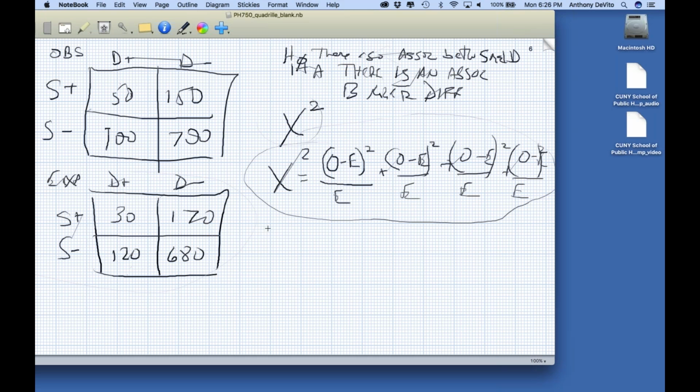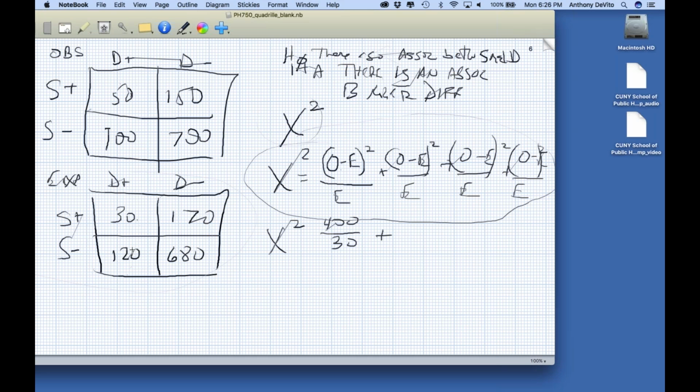Okay, and I'm actually going to do that. Chi-square is going to be equal to observed minus expected. Observed is 50 minus 30 is 20. Squared is 400 divided by my expected, 400 divided by 30. Plus, let's do the next one. Observed minus expected squared: I'm going to do the 100 here and the 120.